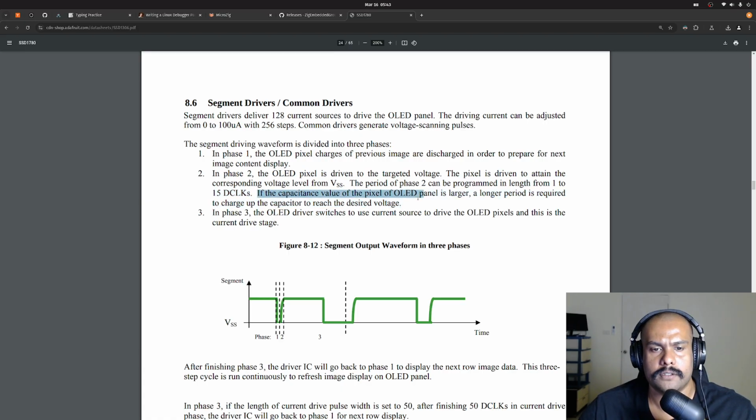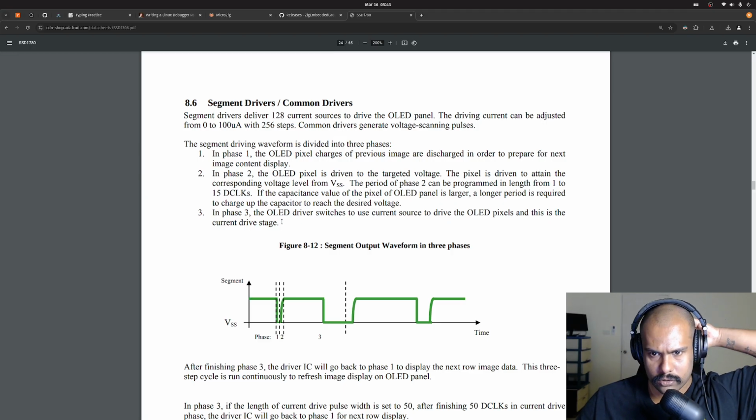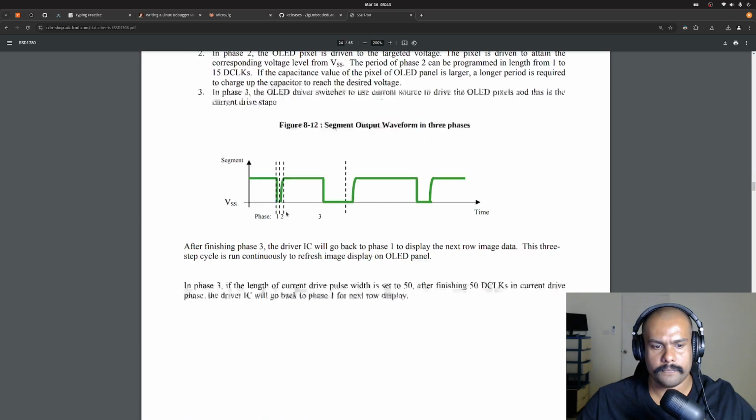If the capacitance value of the OLED panel is larger, a longer period is required to charge up the capacitor to reach the desired voltage. In phase 3, the OLED driver switches to use current source to drive the OLED pixel, and this is the current drive stage.